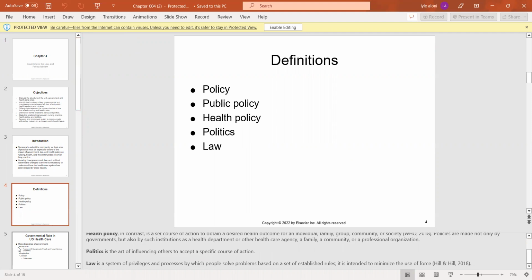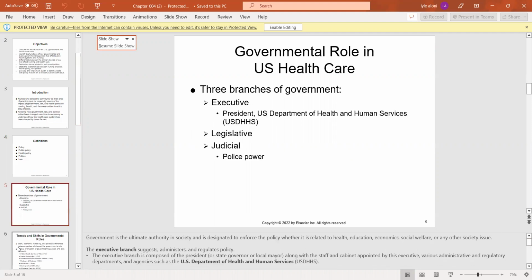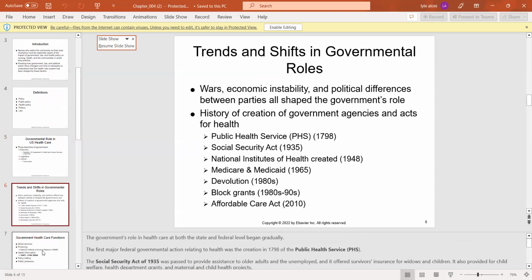We take a look at government in U.S. healthcare. We know there are 3 branches of government: executive, legislative, and judicial. The executive branch is our president, along with regulatory departments and agencies such as our Department of Health and Human Services. The government's role in healthcare at both the state and federal level began gradually.